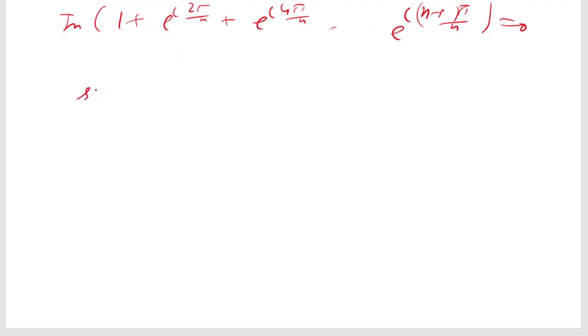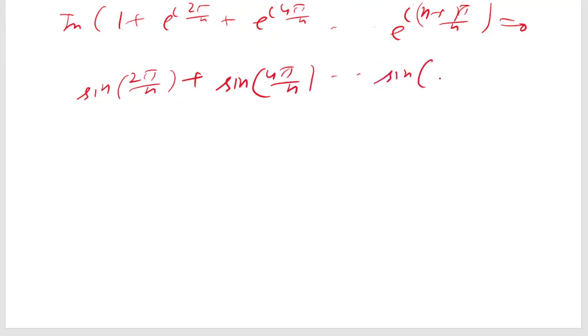So we can say that sine of 2 pi by n plus sine of 4 pi by n, up to sine of 2(n minus 1) pi by n, is equal to 0. Okay, so these are the things.